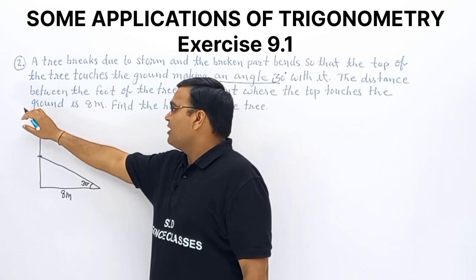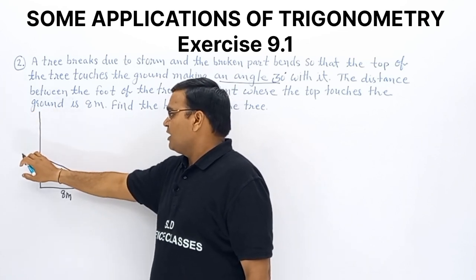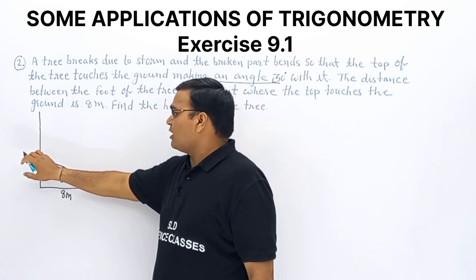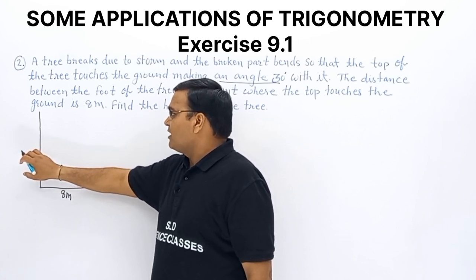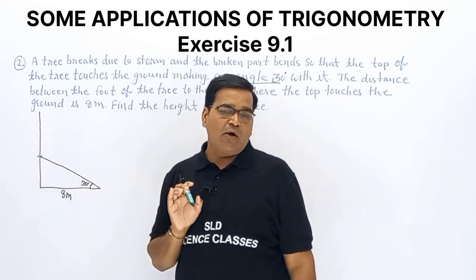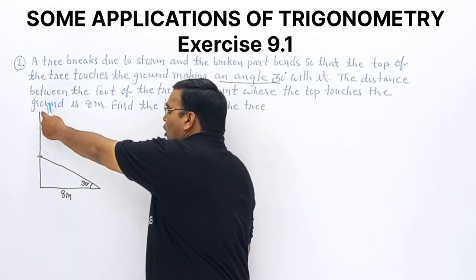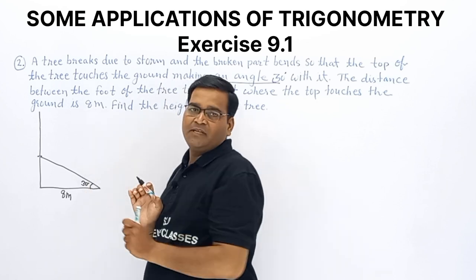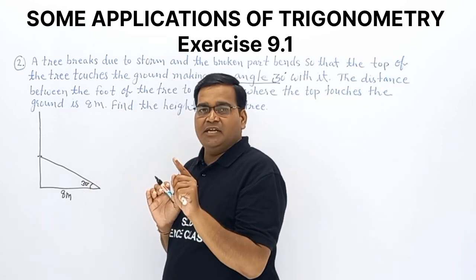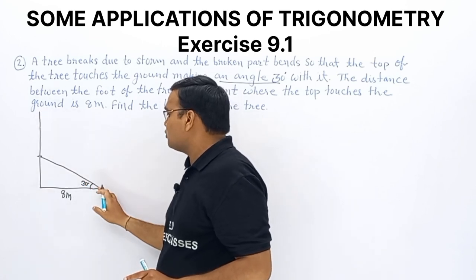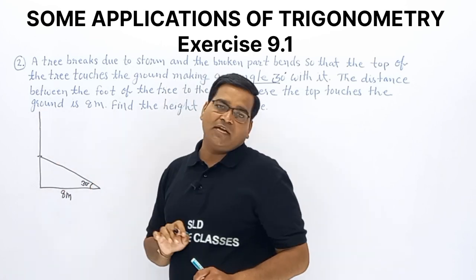It is broken from this point, and this part goes towards the ground, and the top touches the ground with an angle of 30 degrees. Clear?